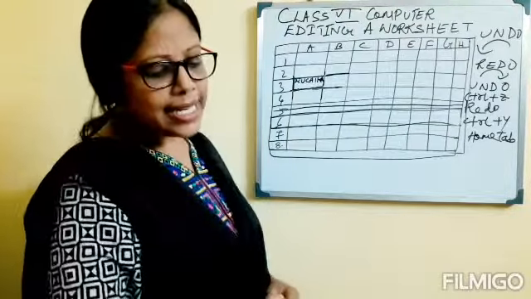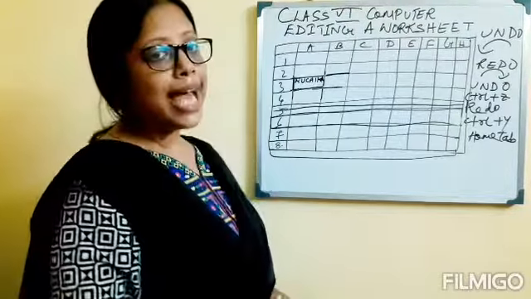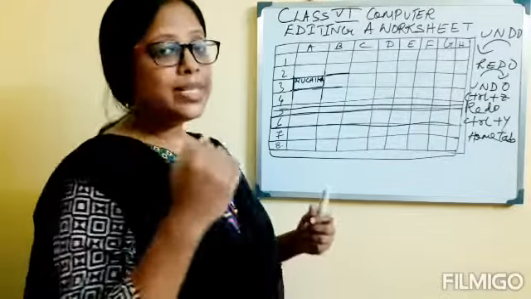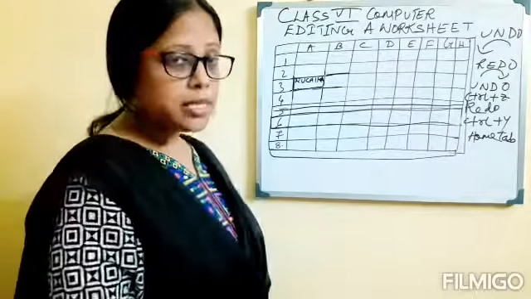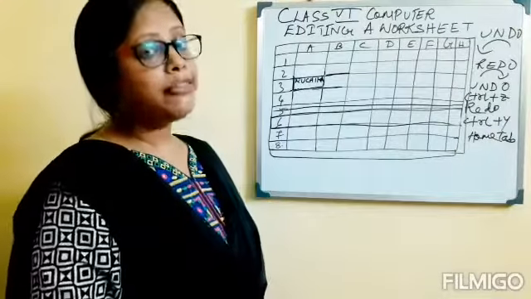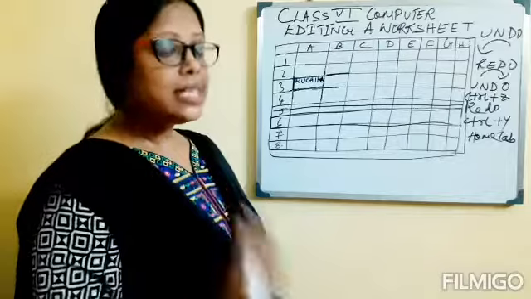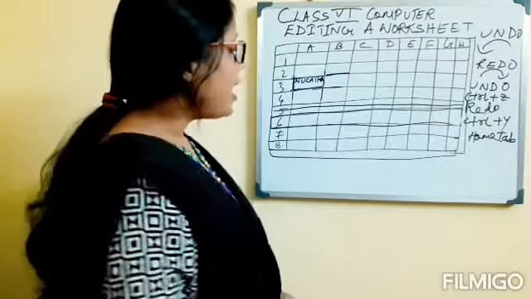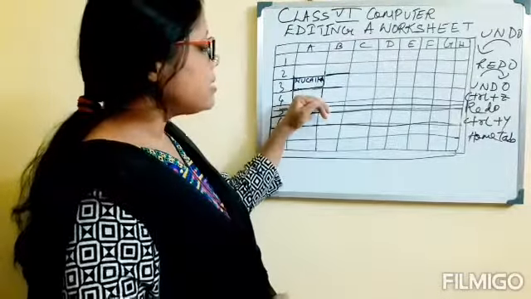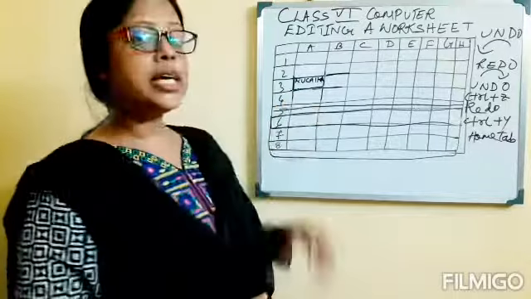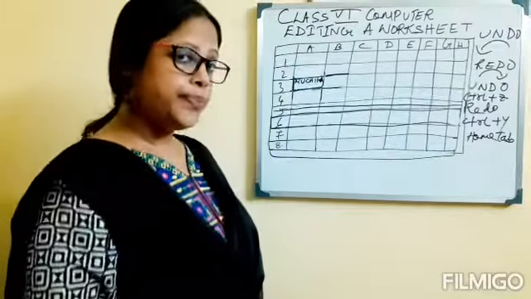Click on that, a drop down menu appears, and there you have the option Insert Sheet Rows. When you insert sheet rows, a new row gets inserted just above the selected row.